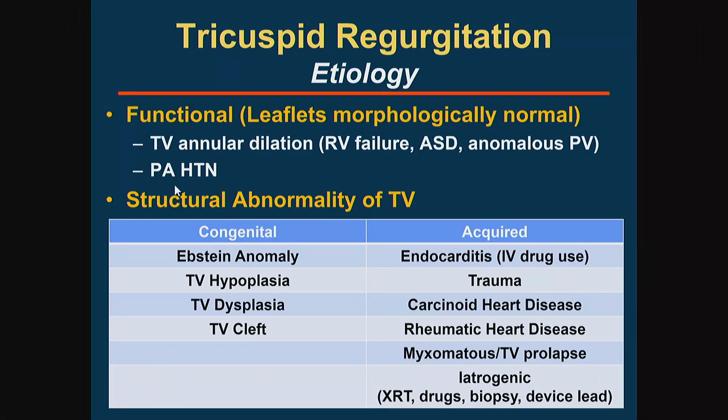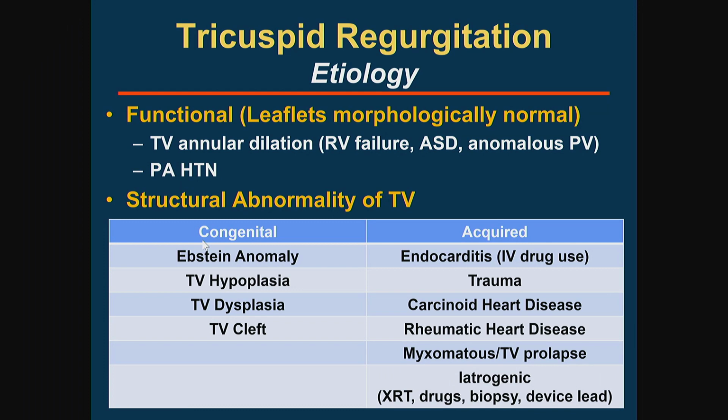Another important pathology that might relate to functional tricuspid regurgitation is pulmonary hypertension, because high pulmonary pressures create increased right ventricular systolic pressures and may promote right ventricular dilation as well. The second type of pathology related to tricuspid regurgitation is primary structural abnormalities of the tricuspid valve.